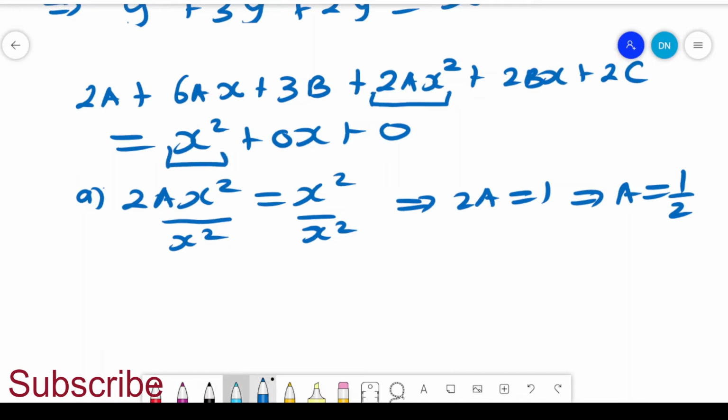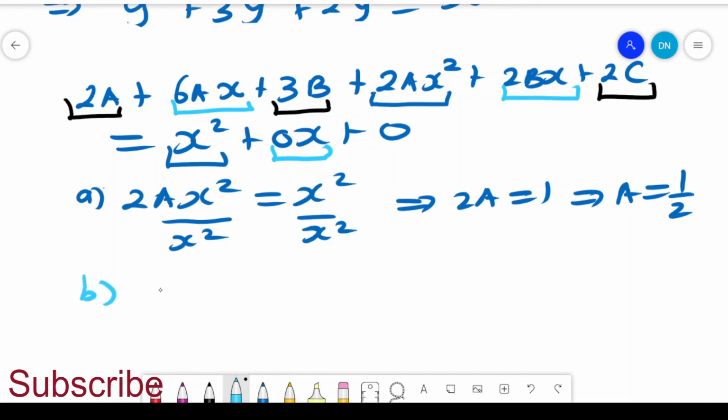So the first component that I dealt with was this. The second component will be this. And then the third component will be this. So I'll go to the second part, which is 6a plus 2b times x is equal to 0x.